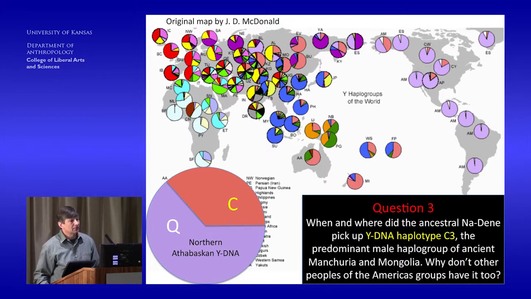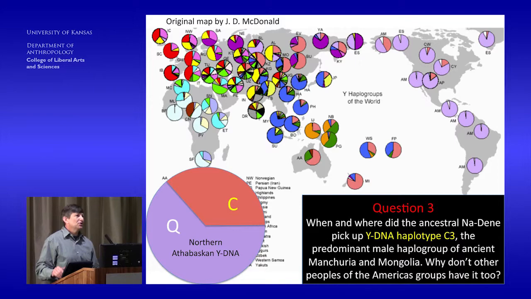And this is very represented by males in eastern Siberia, much less in western Siberia. And so this is an important piece of the puzzle as well. So why is this the case? Why do just the Na-Dene have this male haplotype and not the others?